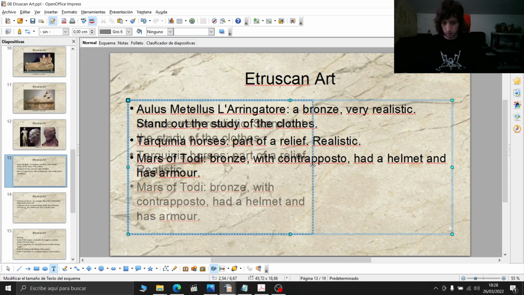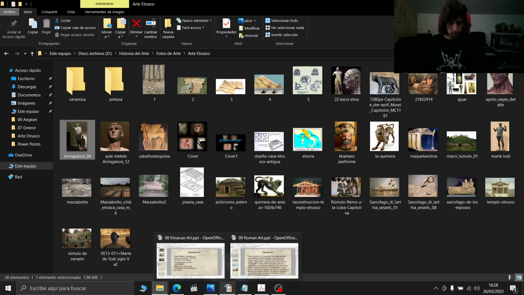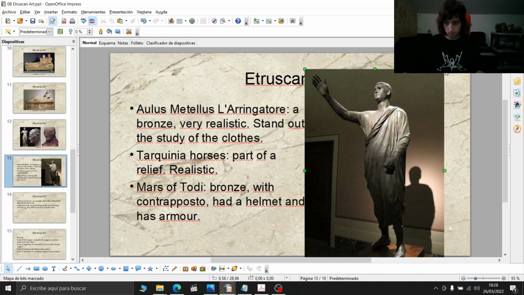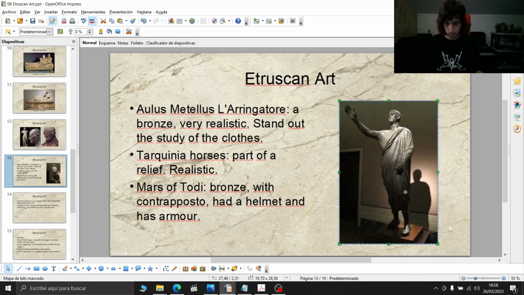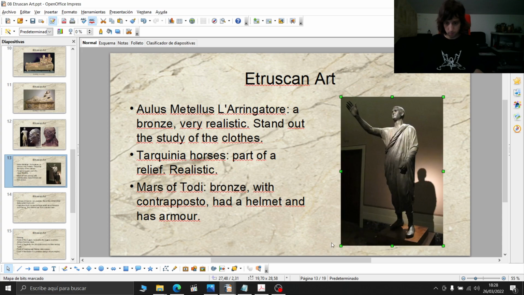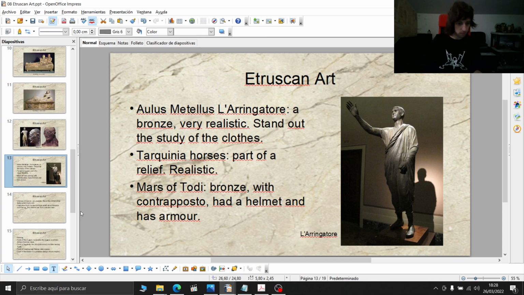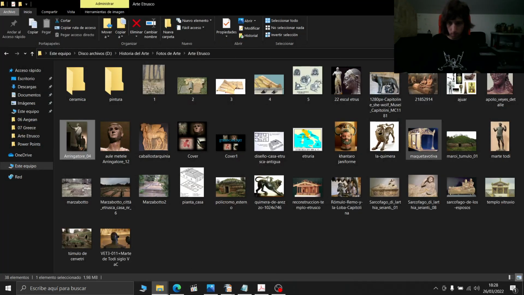L'Arringatore. Tarquinia horses and Mars.